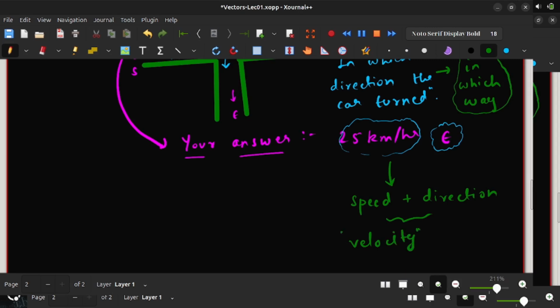So what is the distinction between velocity and speed? Speed only tells me the number, but the velocity tells me the number plus a direction. This is again a physical quantity. I hope you get the distinction.